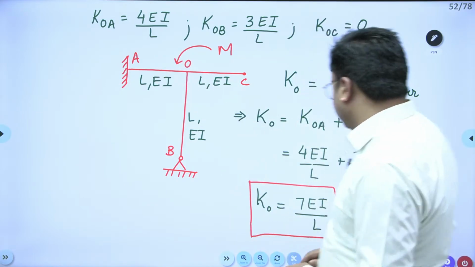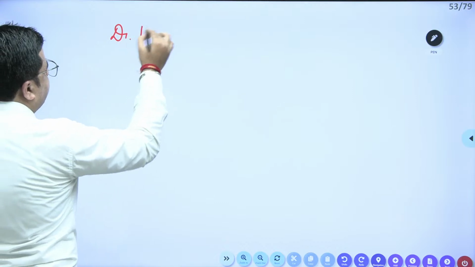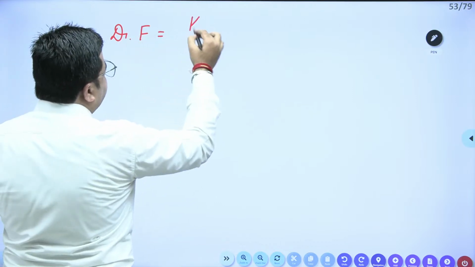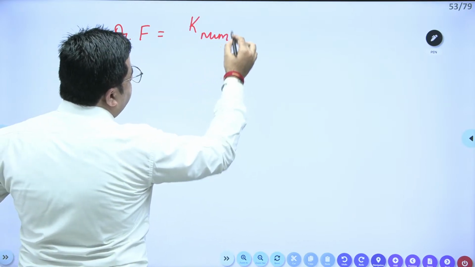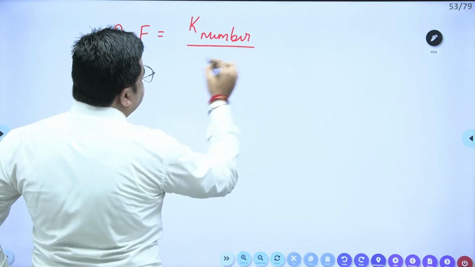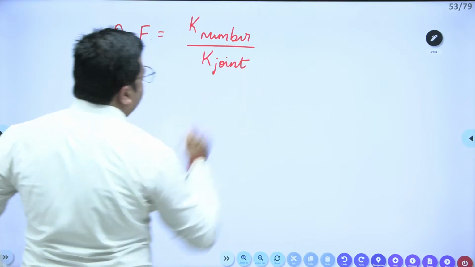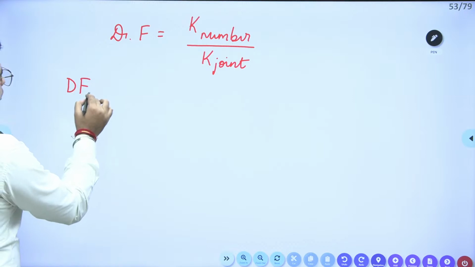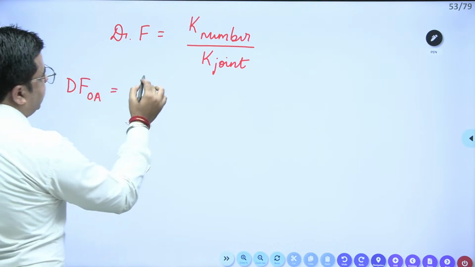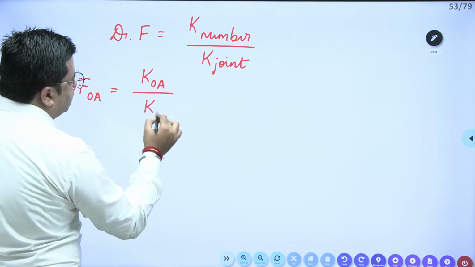This distribution factor is calculated as the stiffness of the member divided by the stiffness of the joint. So for example, if I need to calculate the distribution factor for member OA, I need to take the stiffness of member OA divided by the total stiffness of the joint.